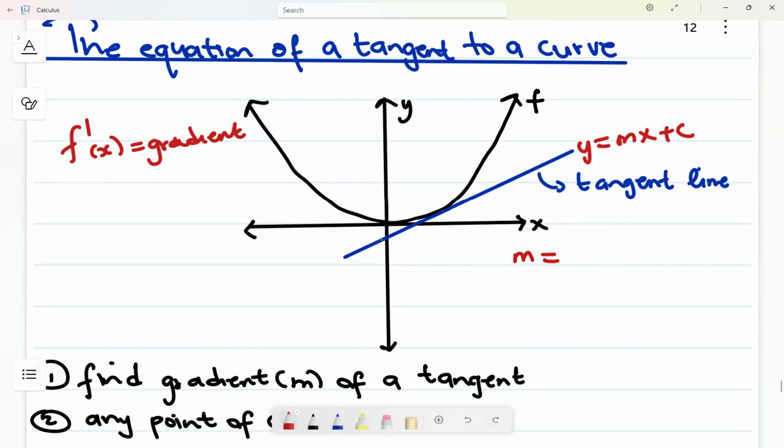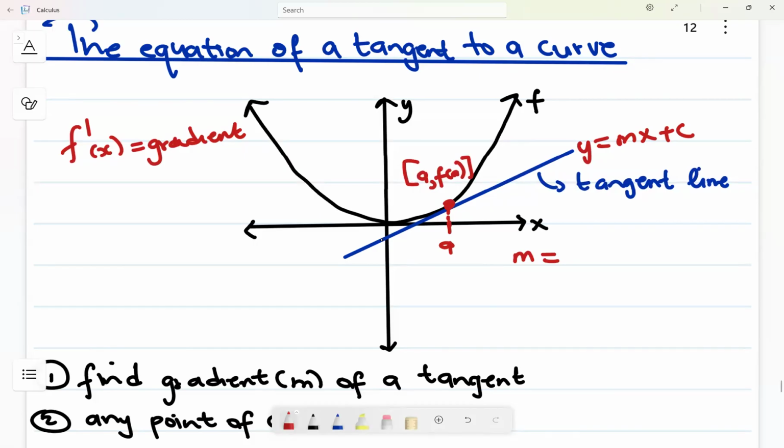So how can you find the derivative at this specific point now? Let's say the point of contact here is A, okay? So let's say this point here is (a, f of a).